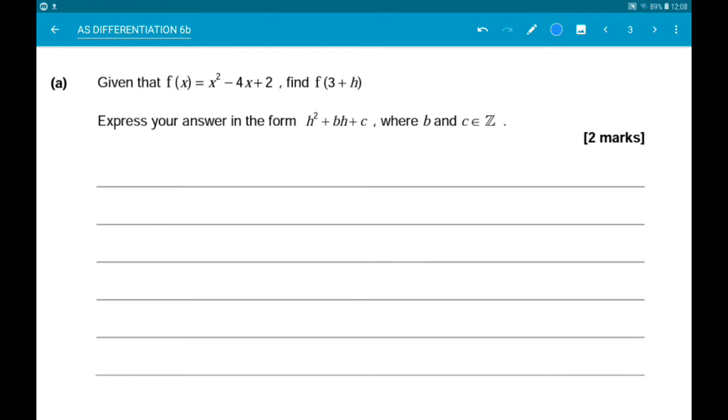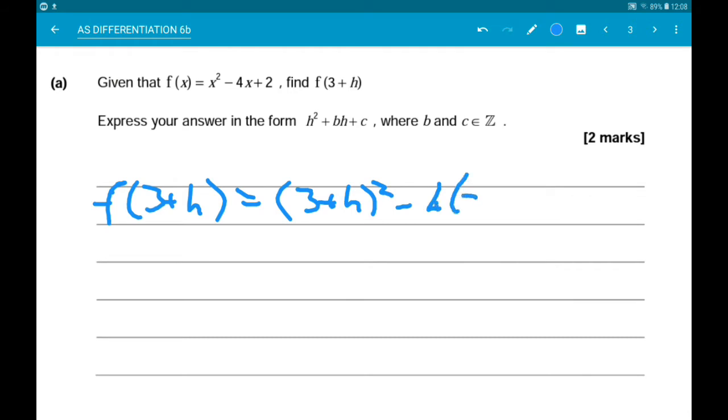So, we are going to get 3 plus h all squared, minus 4 times 3 plus h, plus 2.